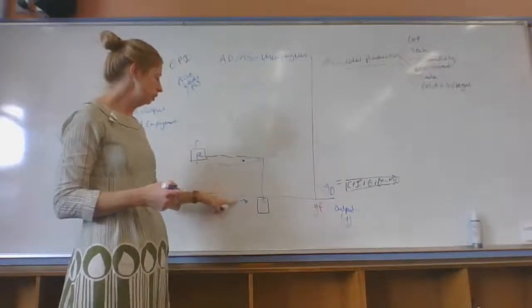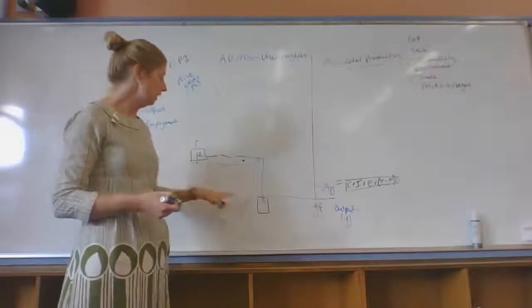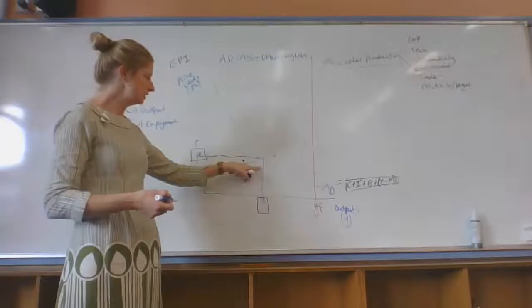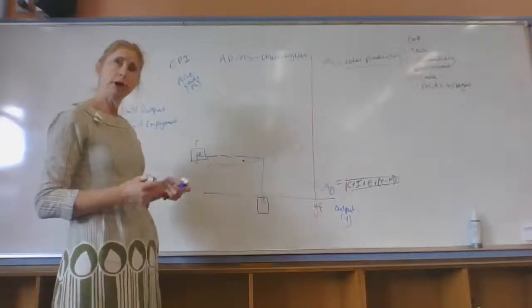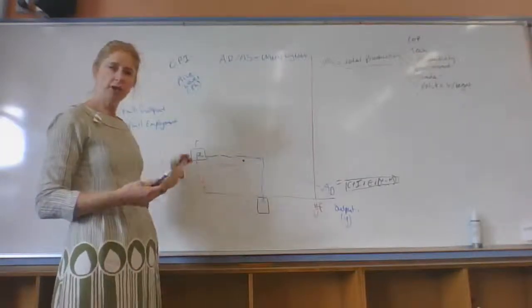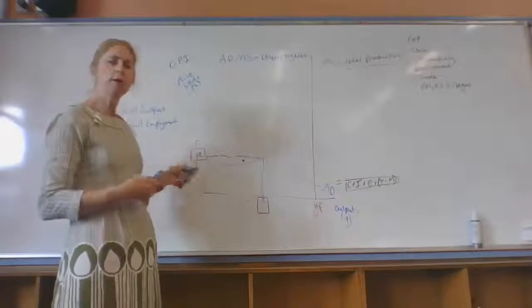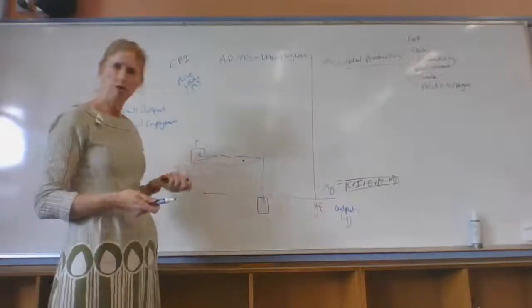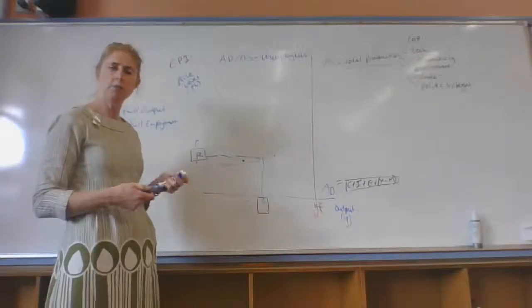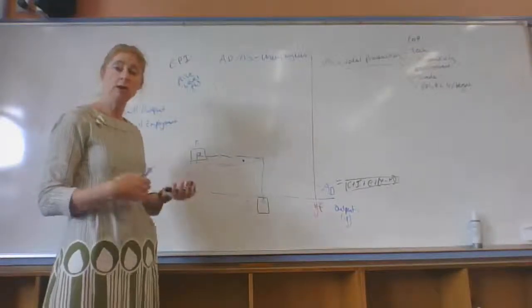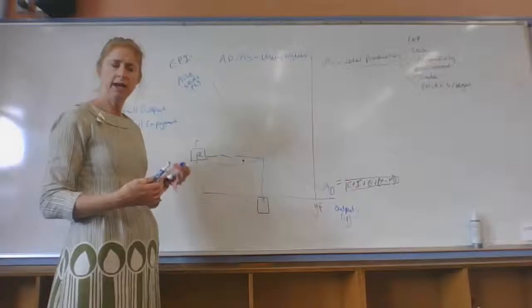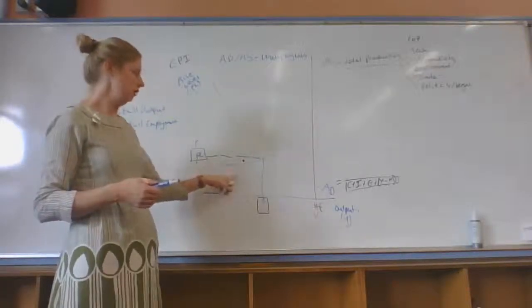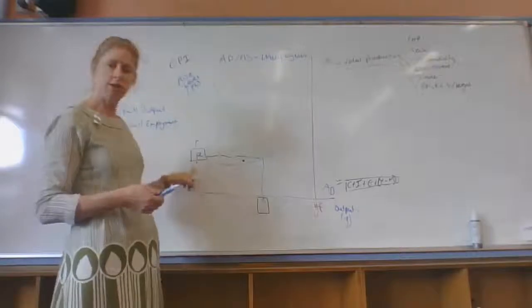I'm not going to fully show it, it's in your workbook, so have a look there. The idea is that at the flat level of AS, you can increase your output quite a lot without a large increase in costs and price, because you have a lot of spare capacity. When we're here, we have a lot of unemployment, a lot of people who could be working, a lot of idle resources like land and capital that can easily be switched into production, so you can increase production with a little increase in price.